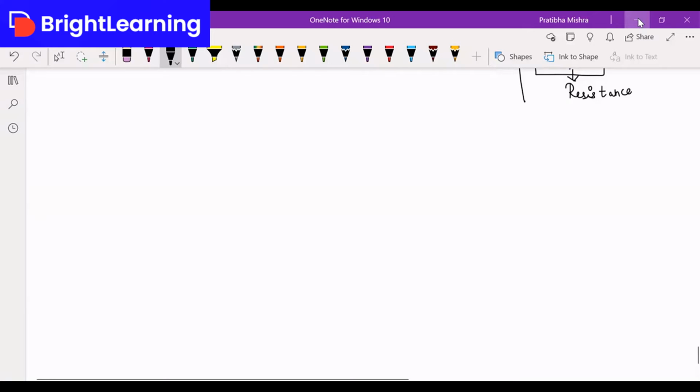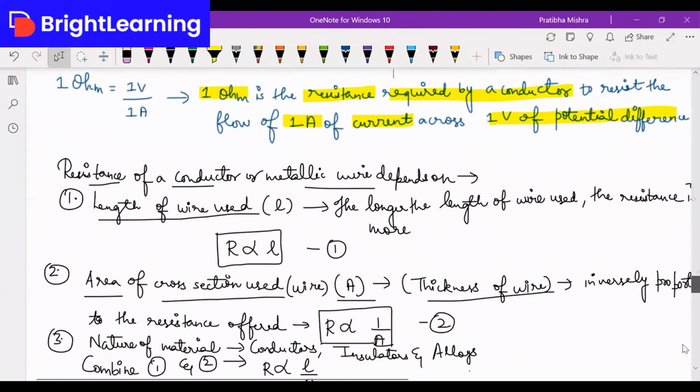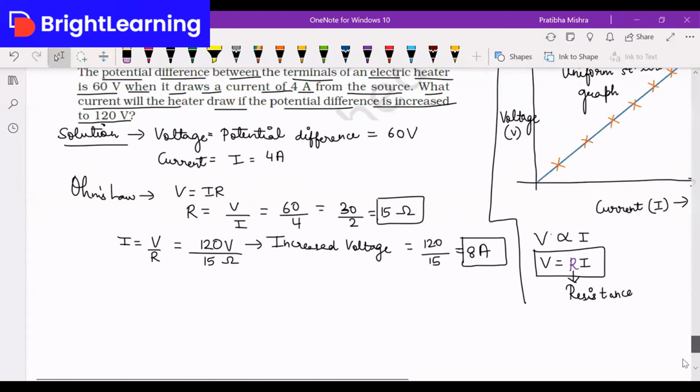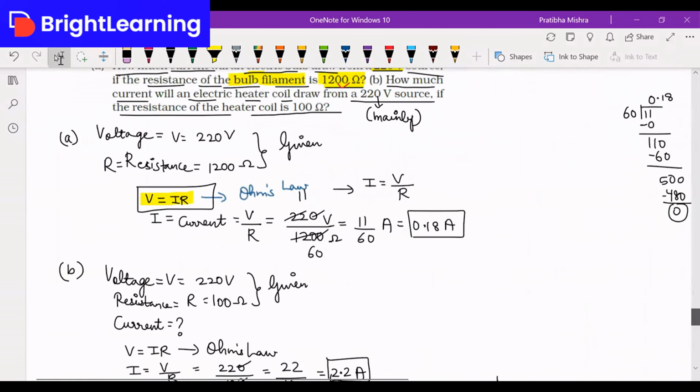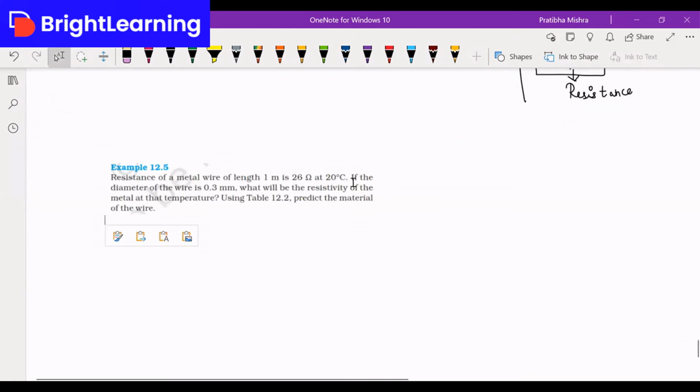So I'm going to give you another question. One second, I'll just copy paste it here. Oh, I just went above by mistake. Did it get pasted? No, it did not. Let me check. Yeah, now it's pasted.